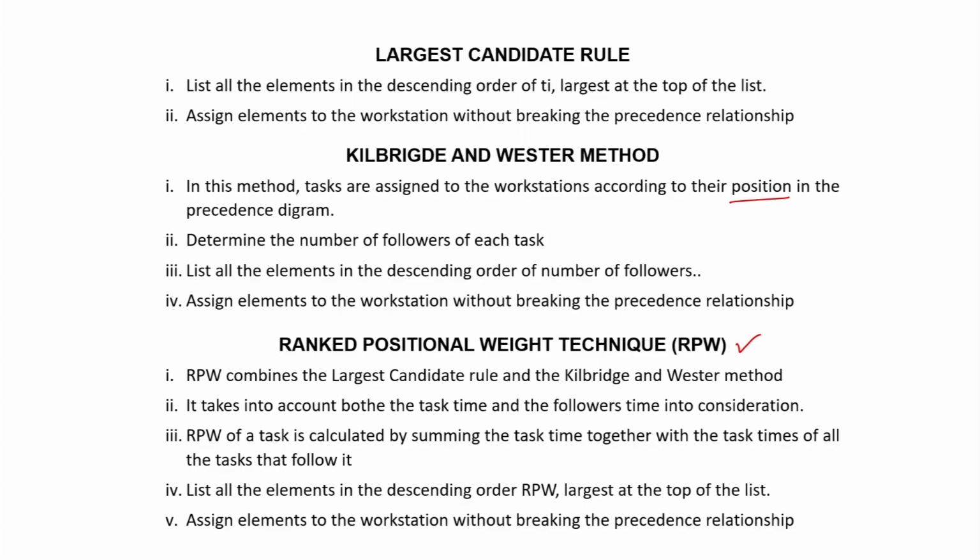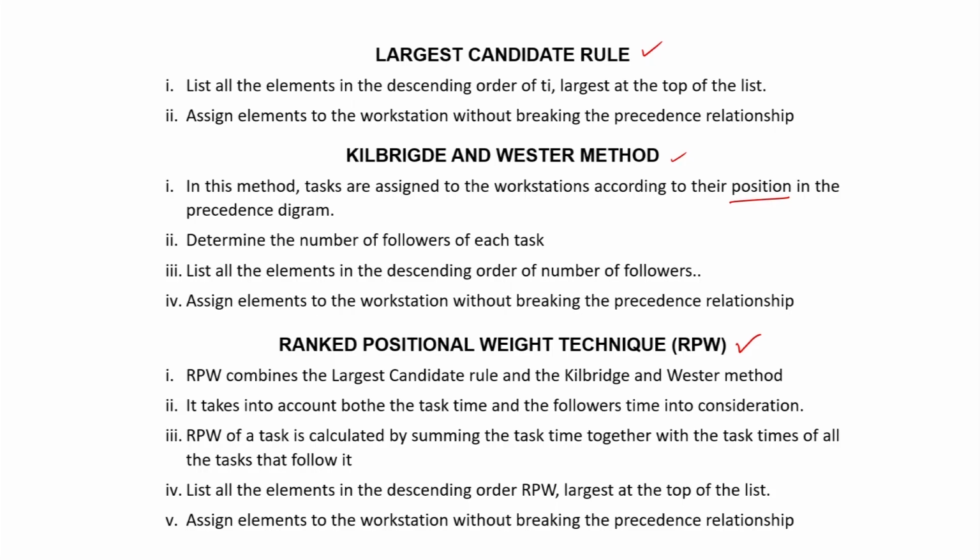The third technique, which is very popular, combines the best parts of these 2 techniques. RPW combines the largest candidate rule as well as the Kilbridge and Wester method, and it takes into account both the task time and the followers. We calculate the ranked positional weight of each task, which is the task time of that particular task plus the times of all the tasks following it.